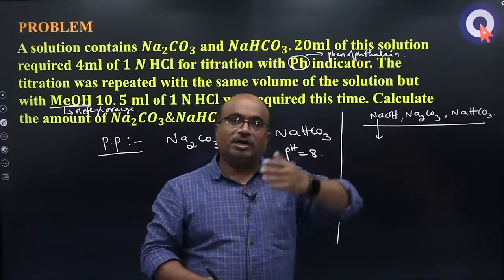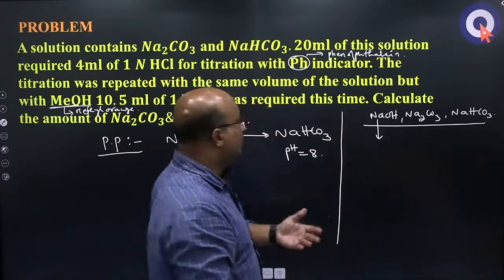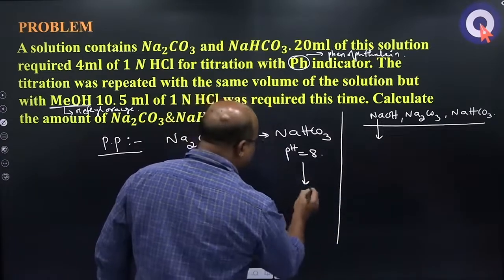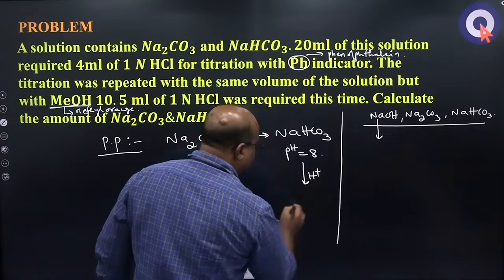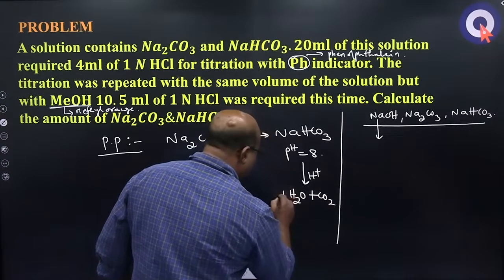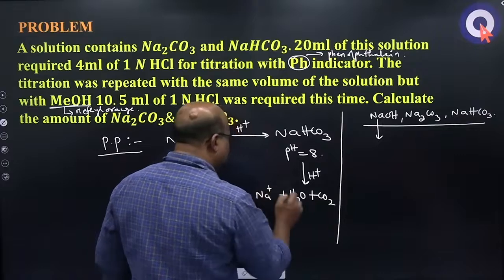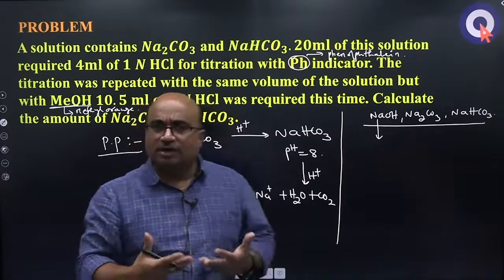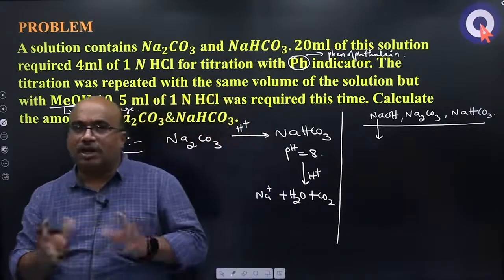Then from bicarbonate it changes into carbon dioxide, means this continues on addition of H plus and converts into H2O plus CO2, with sodium ions remaining with the conjugate base of the acid we are adding.